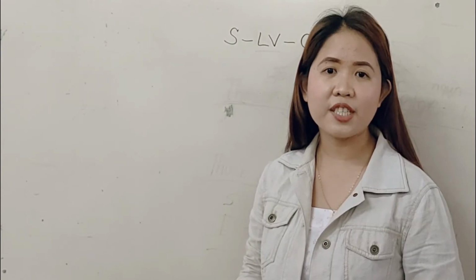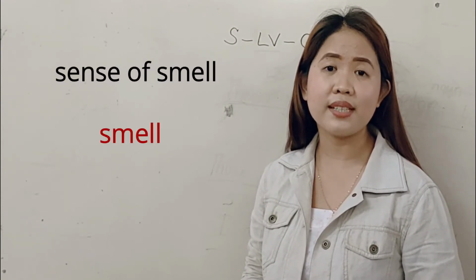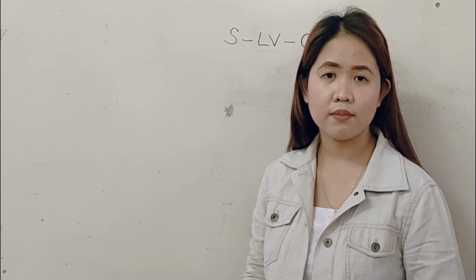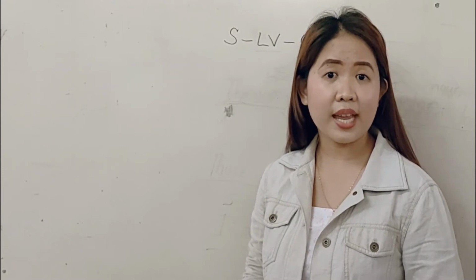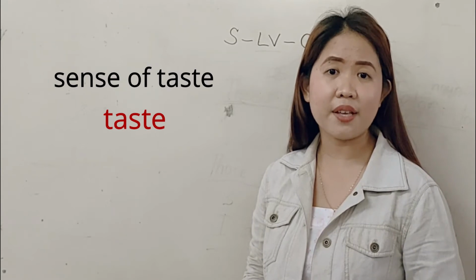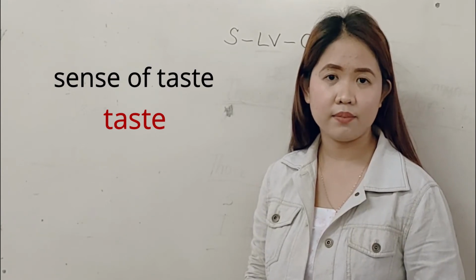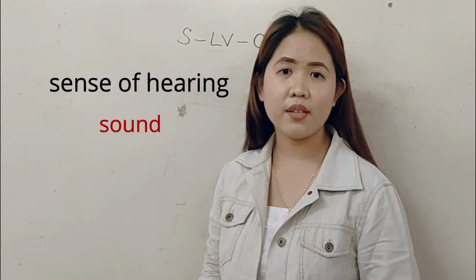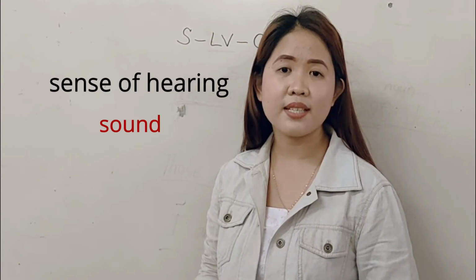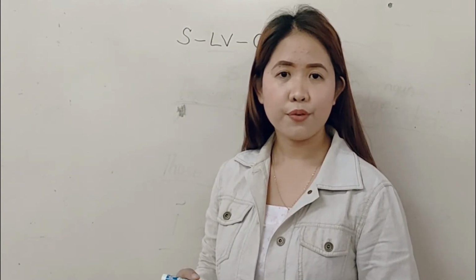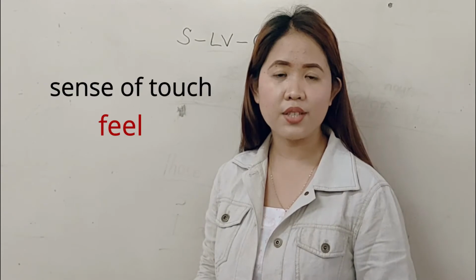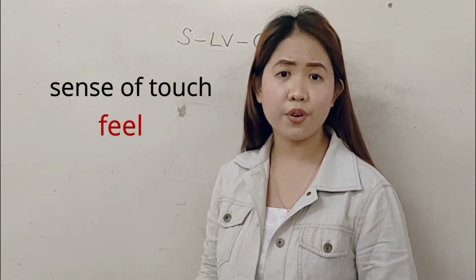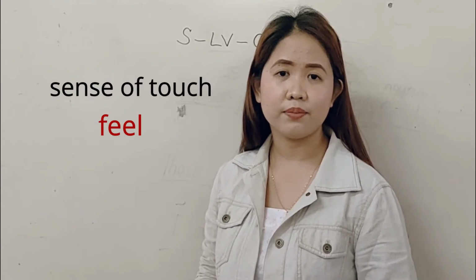For the sense of smell, we can use the linking verb smell. And for the sense of taste, we can use the linking verb taste. For the sense of hearing, we can use the linking verb sound. For the sense of touch, we can use the verb feel.